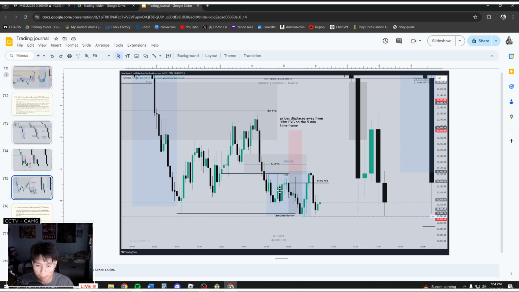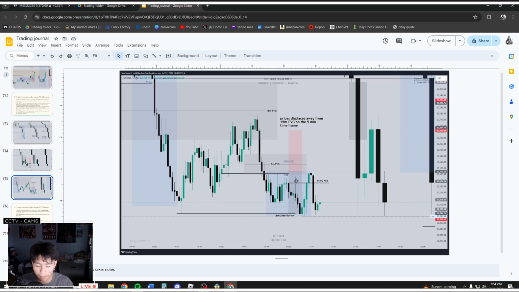But we retraced back inside the 5-minute fair value gap at 11:55. And that doesn't fit my trade plan, because I like waiting for candle closures, and I wanted to wait till the next 15-minute, 30-minute, and 1-hour candle closed.